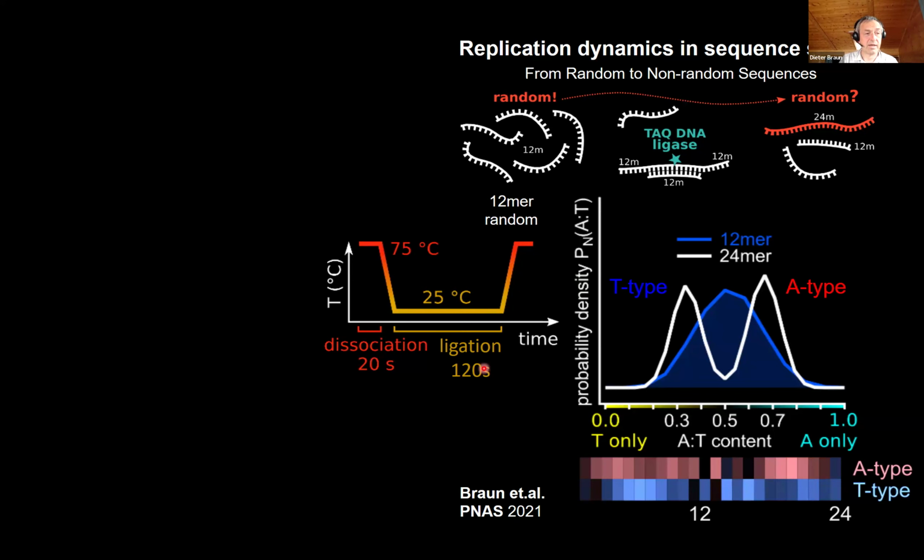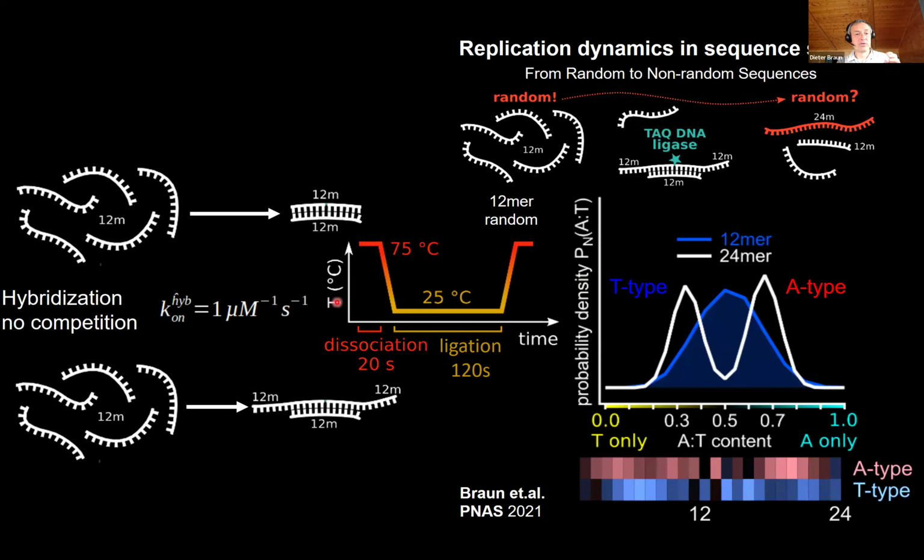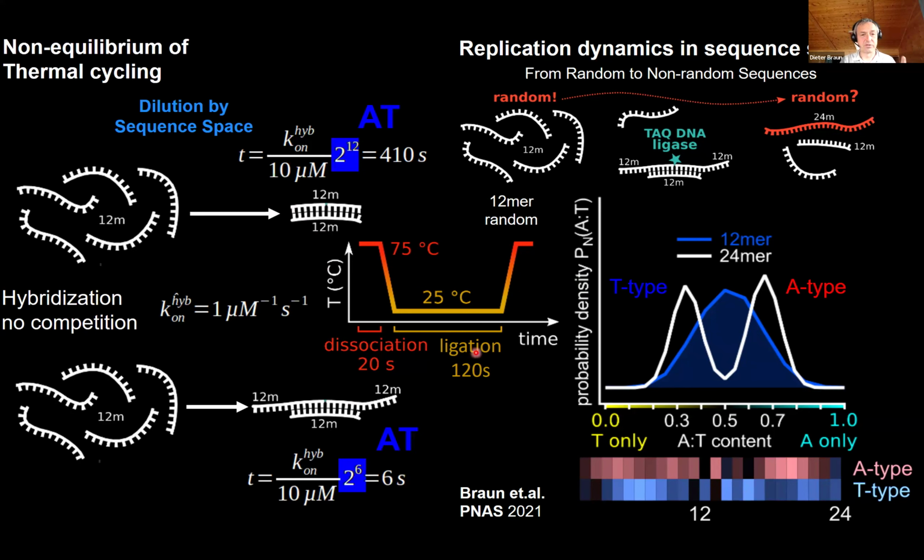Why is that interesting? Well, that gave rise to, number one, the selection that these guys finding themselves will just not have the time, because you can do a back-of-the-envelope calculation of how fast they can find each other. It needs an on-rate of hybridization. How fast do RNA come together? That gives you a time if you divide that by the concentration of the strands.